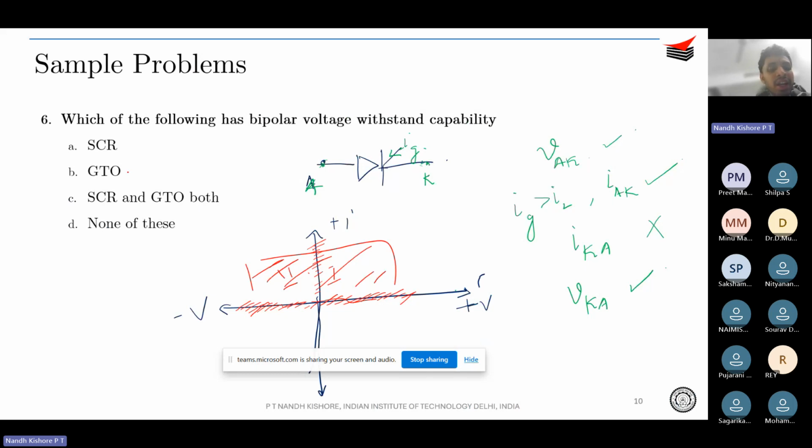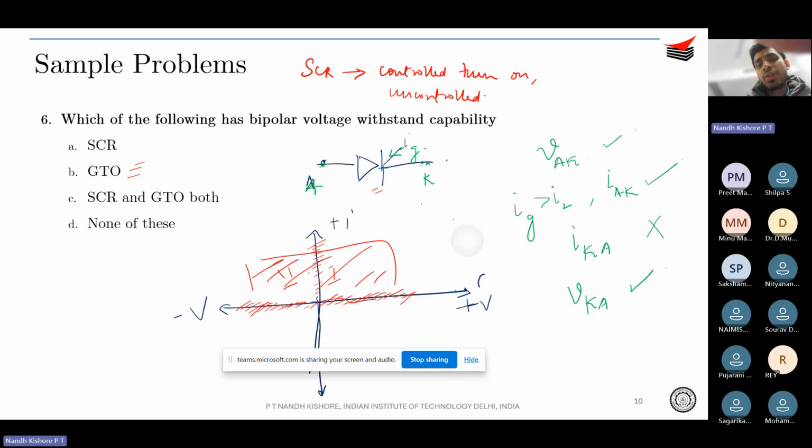Similarly for GTO as well, right? GTO is actually a gate turn off thyristor. Why were GTOs invented? Basically because if you go through the properties of an SCR, you would understand that SCR has controlled turn on, but turn off is not controlled.